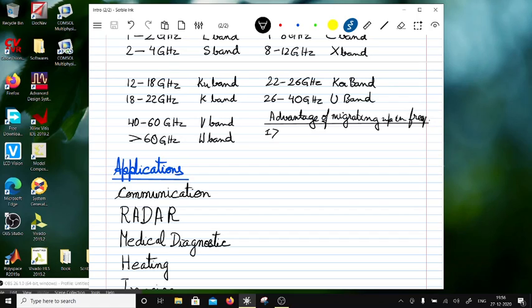That means communication systems will have high throughput rates, or data rates can be high, or we can make a broadband system where we can transmit much more information in that band.